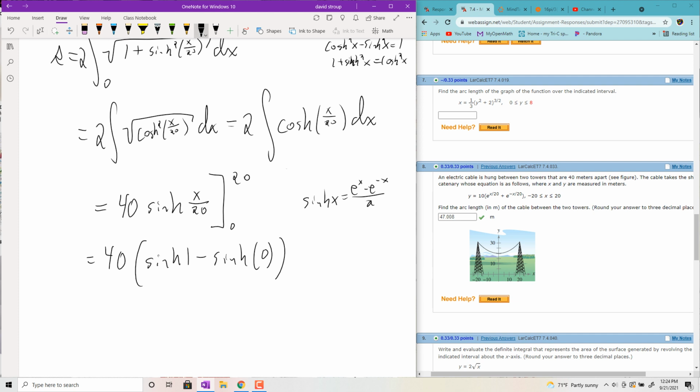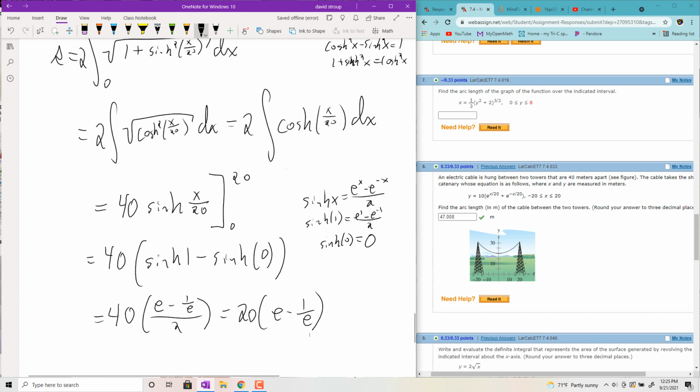So sinh of 1 is going to be e to the 1 minus e to the negative 1 over 2. Sinh of 0, though, will be 0, because it'd be e to the 0 minus e to the 0, which is 1 minus 1, which is 0. So we'd end up with 40 times e minus 1 over e all over 2. In other words, 20 times e minus 1 over e.